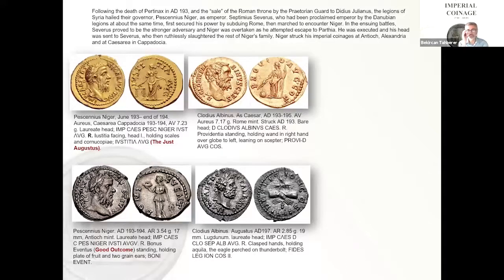But after Severus's success over Pescennius Niger, and declaring his son Caracalla to be Caesar, and eventually Augustus, Clodius Albinus started to mint coins as Augustus, as we see on this example.